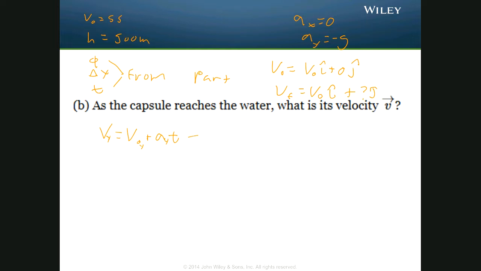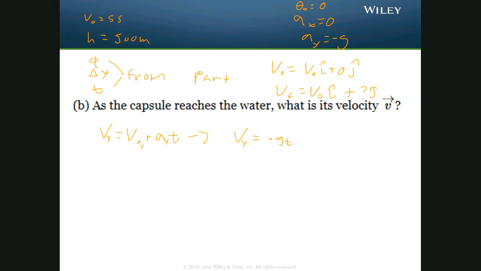Because we're doing a projectile motion problem, and we know that theta naught equals 0, we can see that this reduces to Vy equals minus g times t, right?